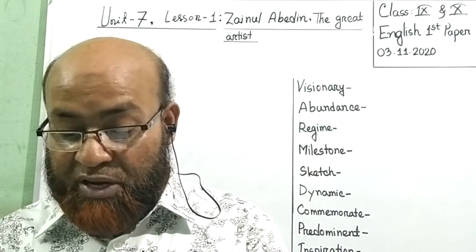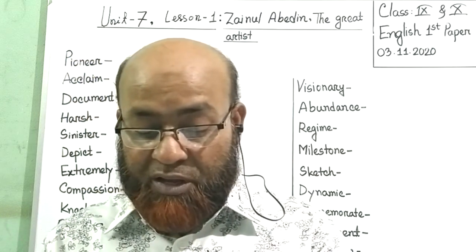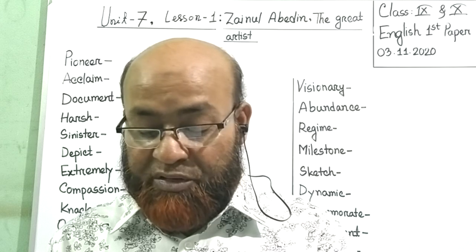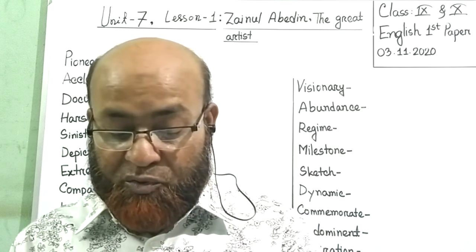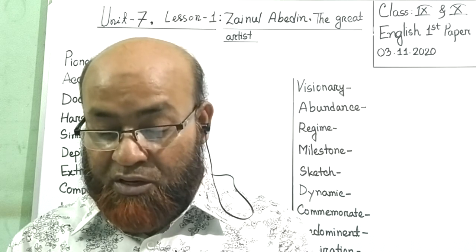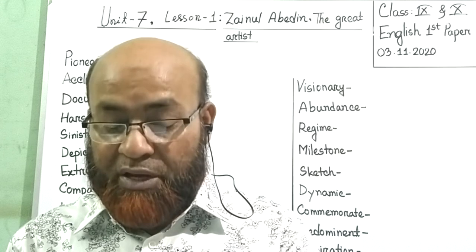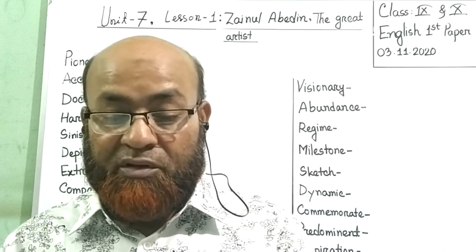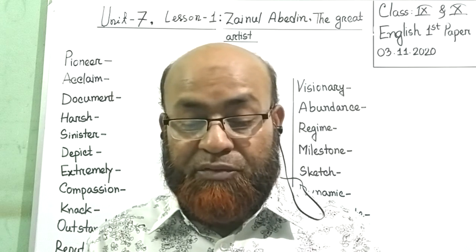Zainul's dynamic style of work is evident in a 30 feet long scroll painting called Monpura, which was done to commemorate the death of hundreds and thousands of people in the devastating cyclone of 1970. Next para and next page.